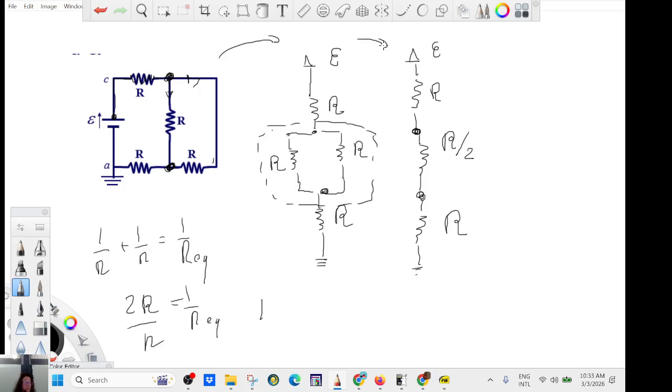Okay, and then what? So you have one zigzag, another zigzag, another zigzag. Everything happens. You have a huge one. It's going to be 2 plus 1/2. Yes, 2.5 R. Okay?